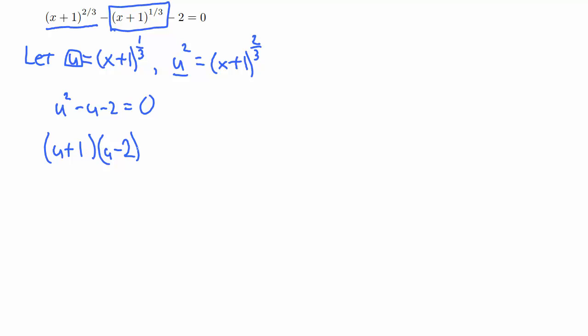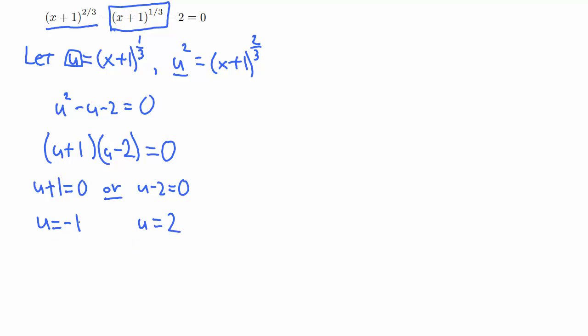So it's (u+1)(u-2), still equal to 0. That means that u plus 1 equals 0, or u minus 2 equals 0. Subtract 1 on both sides means that u is negative 1, and add 2 to both sides means that u is 2.